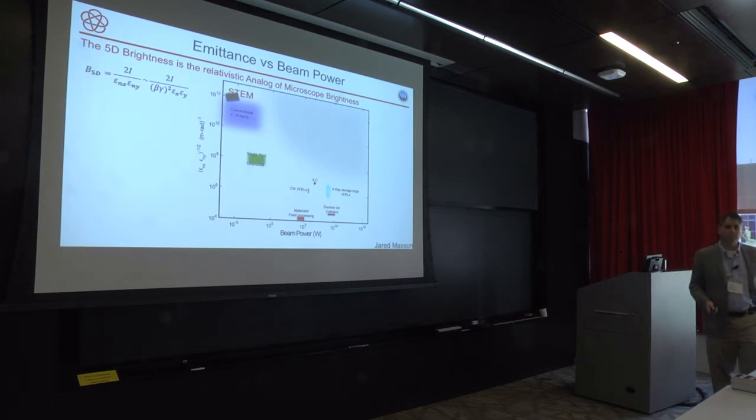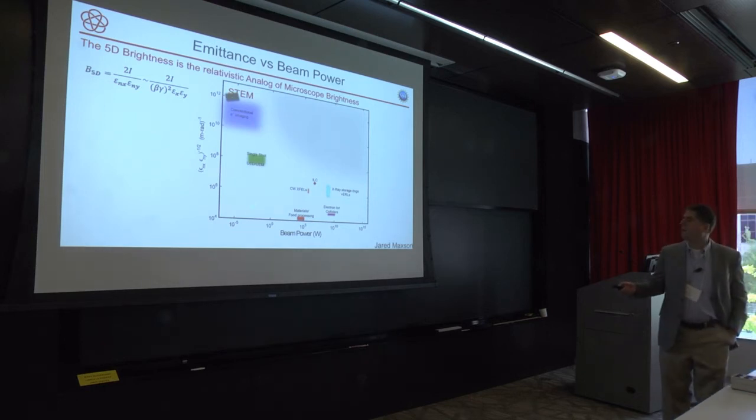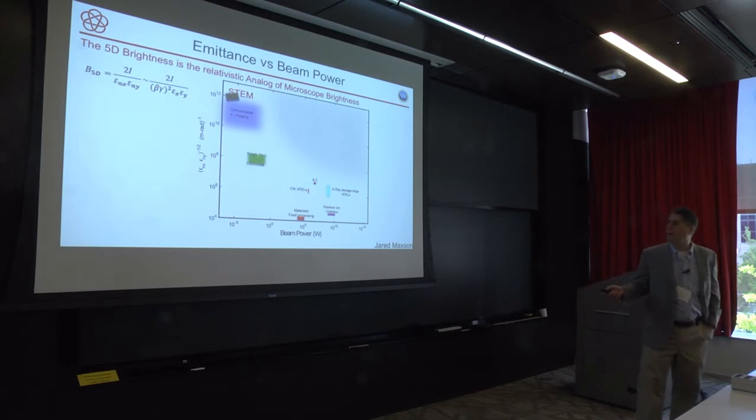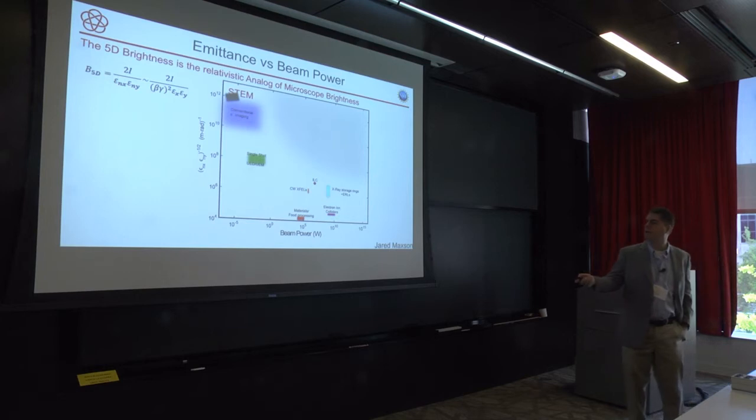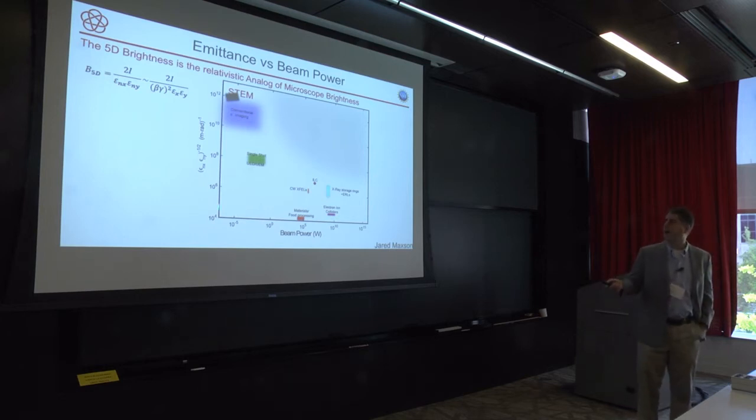So where would you like to go? Beam power, for me, I'm probably okay sitting at this 10 to the minus 5 point. It'd be nice to go lower, because it depends, right? With 2D materials, I'm going to damage them, so I want to go lower in beam power. Thick things, biological samples, I probably want to sit on that line there.